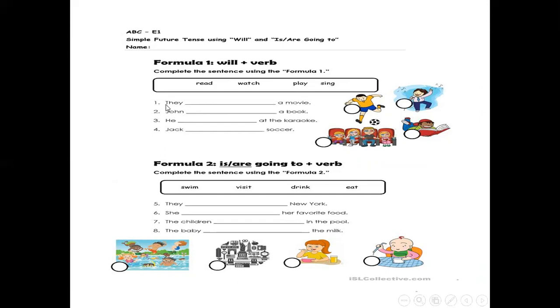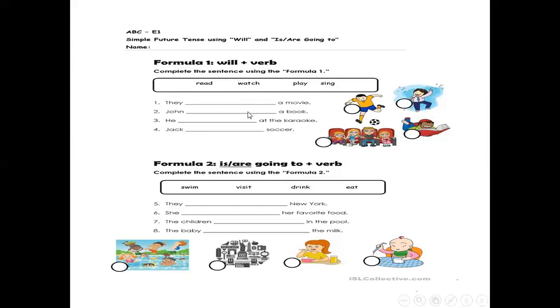In the first example, they blank a movie. Which verb goes with a movie? You read a movie? No. You play? No. You watch a movie. So here, they will watch a movie, because will is followed by the verb in infinitive form.